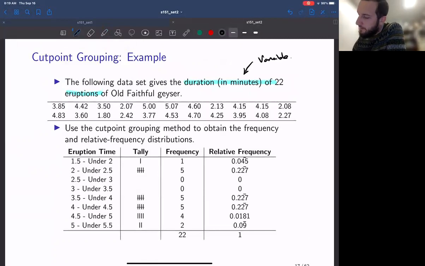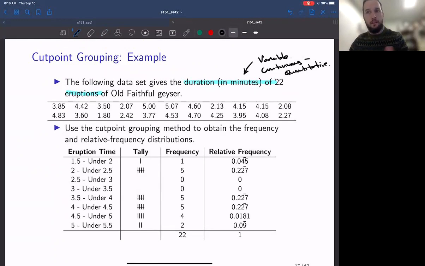And you can see from the display below that this is continuous quantitative. All right, so the way that cut point grouping works is we first identify that we're working with continuous quantitative data, which essentially means that we're working with data that have some decimal place amount of accuracy associated with it.